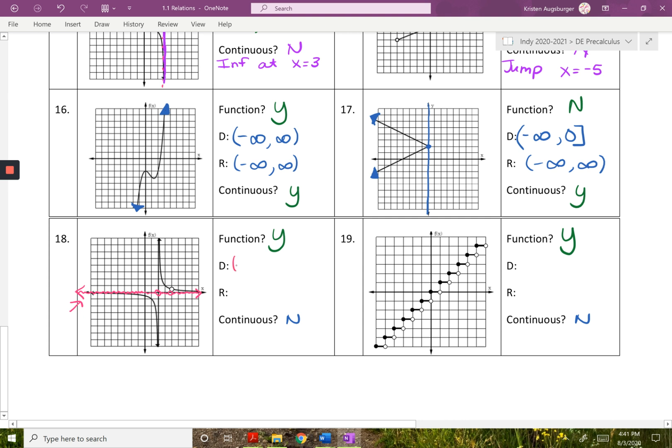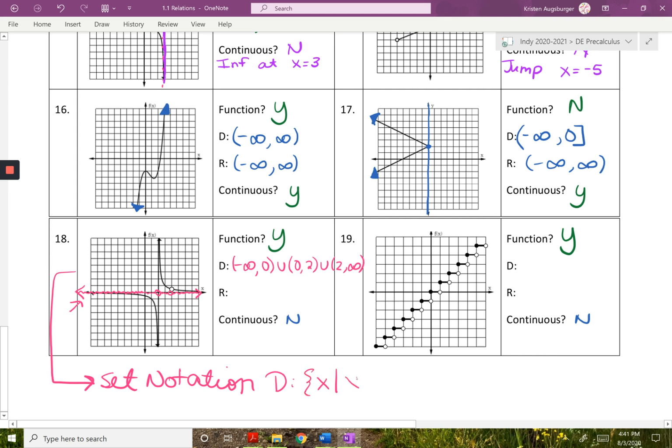So the domain goes from infinity, not including 0, and then that is interval notation. That is 0 or 2.